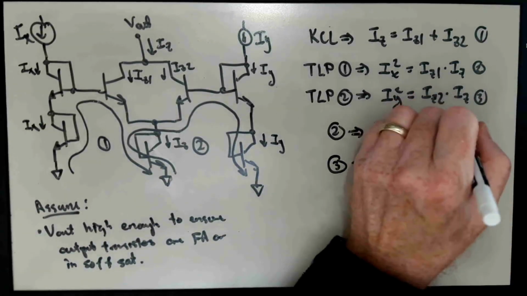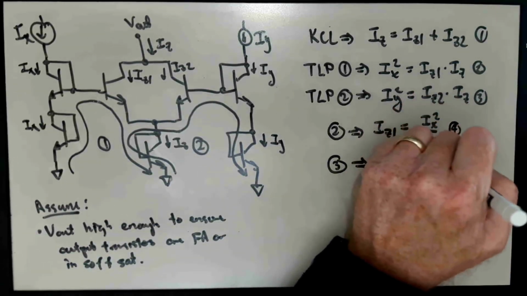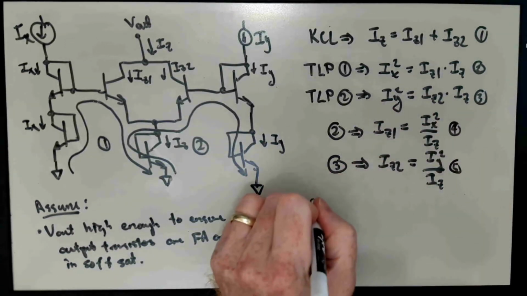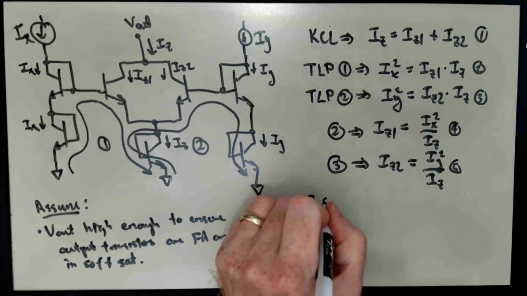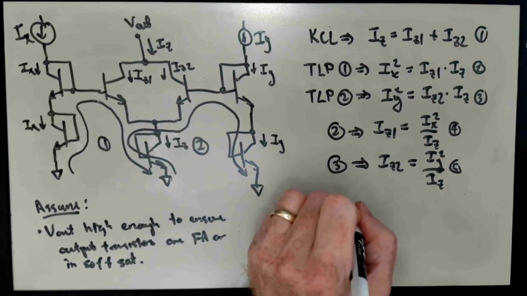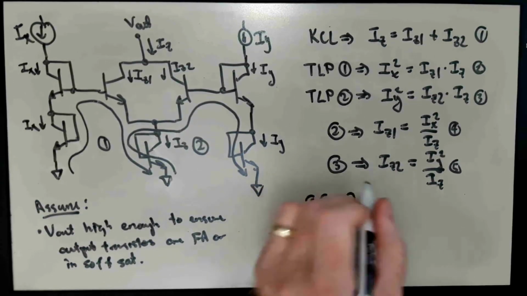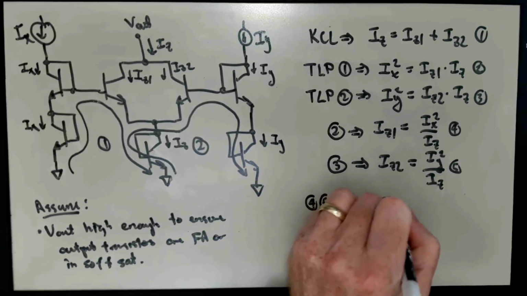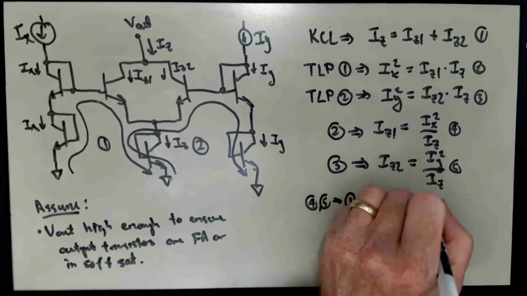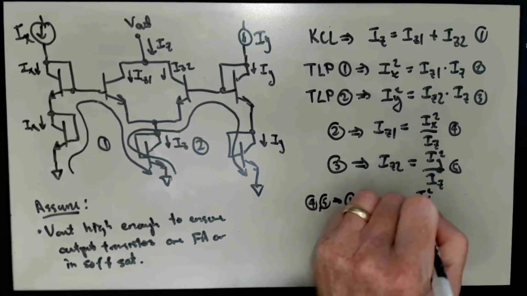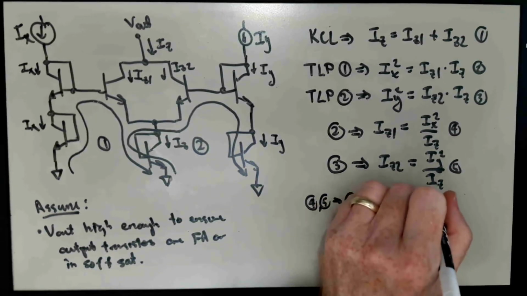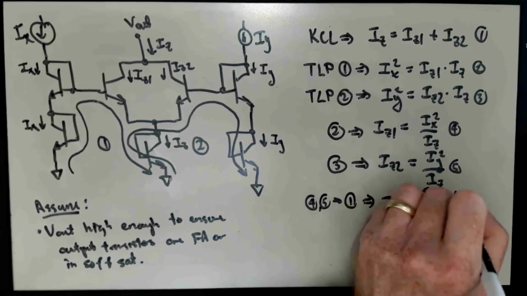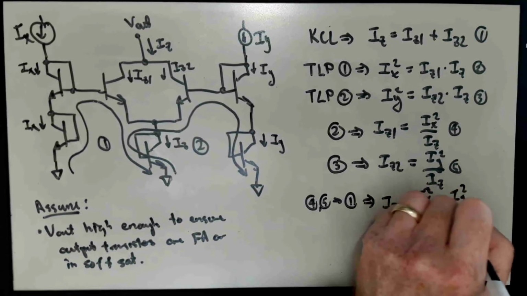If we call these equations 4 and 5, we can take 4 and 5 and plug them into equation 1, our KCL, and we find that IZ is equal to IX squared over IZ plus IY squared over IZ.